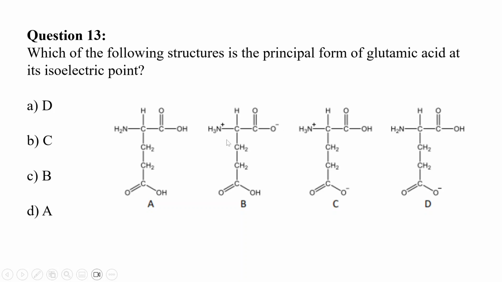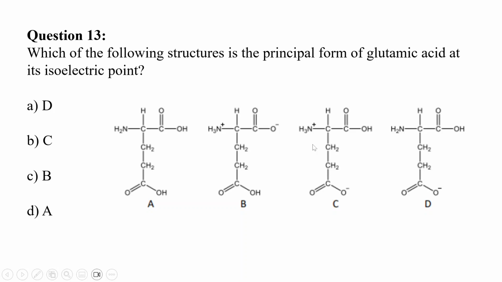Then next we will have to see which is more electronegative. Obviously oxygen is more electronegative than nitrogen, so the proton of the side chain will be released next. Then at the end the proton of the amino group will be released.